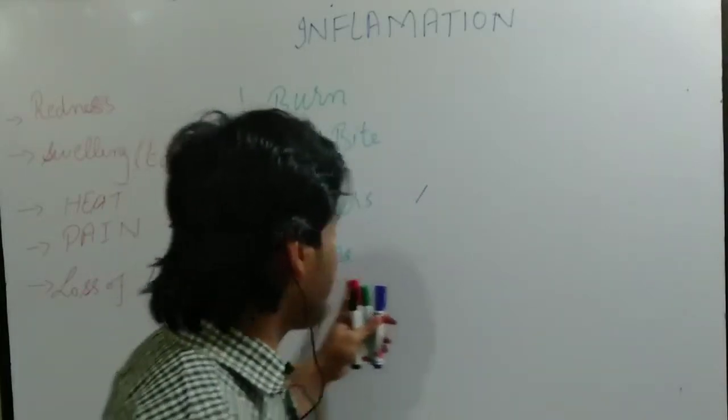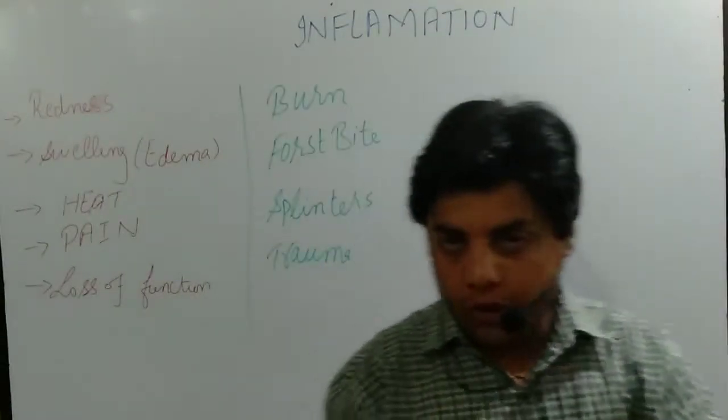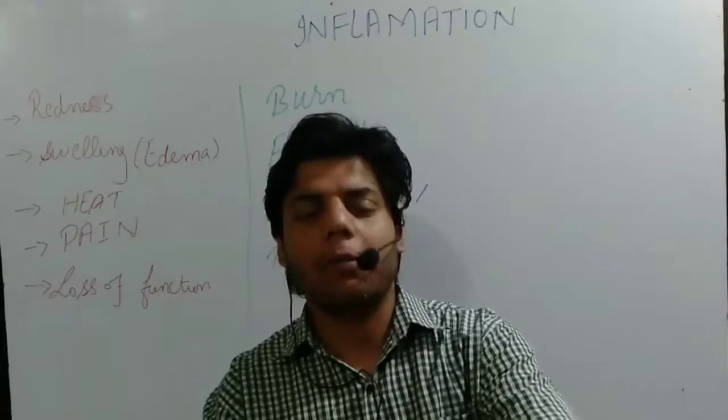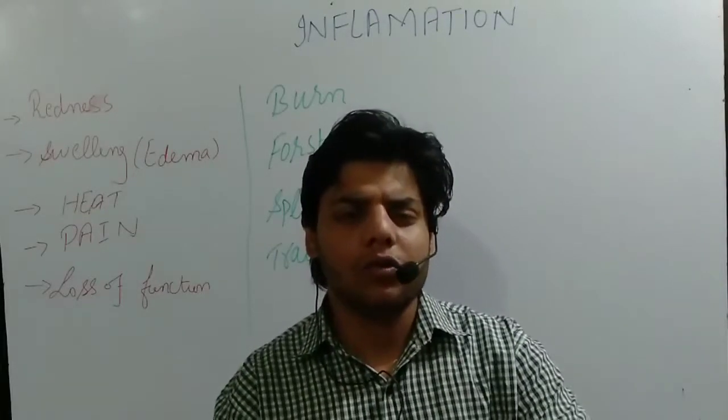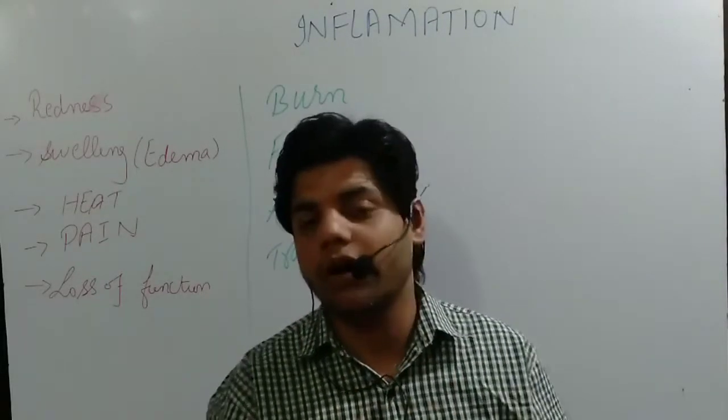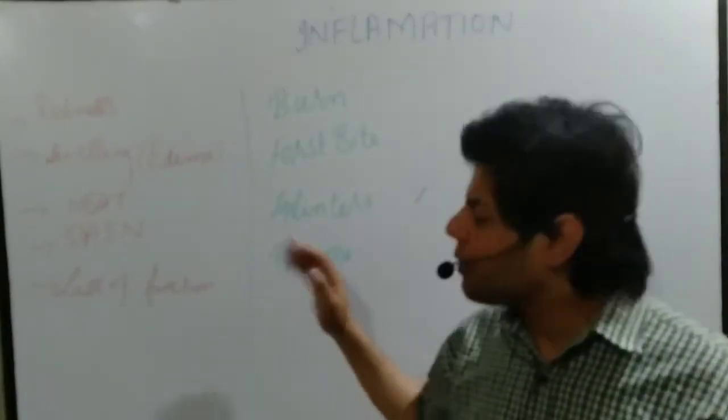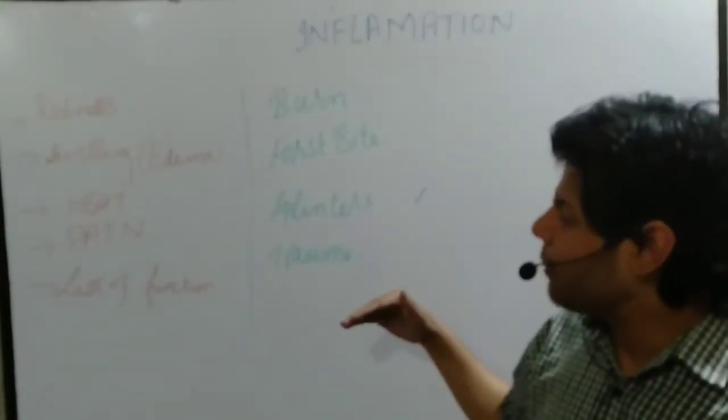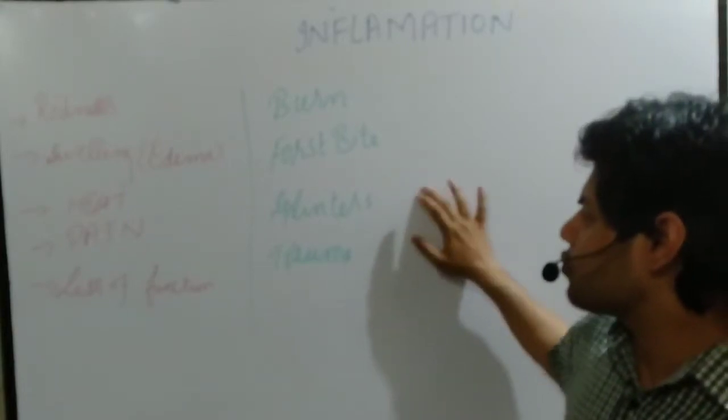Then we have trauma. Trauma means a wound, or any accident which happens on the skin area, and that area becomes damaged, we call that trauma. So these are the main causes. Not only these, there are some other causes also, but these are the main causes.